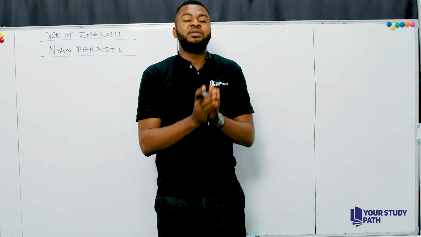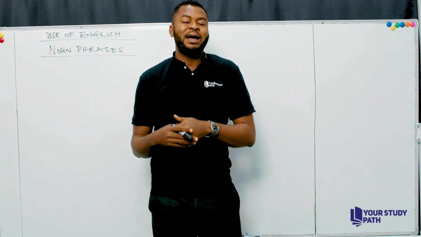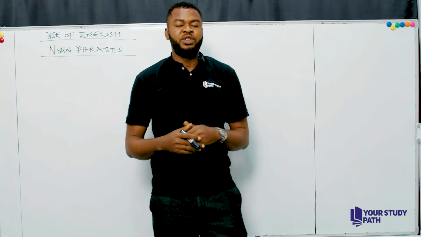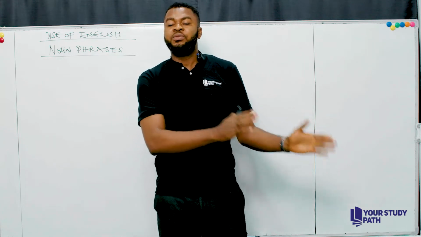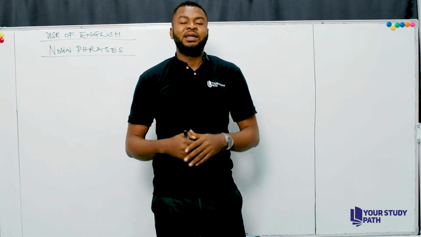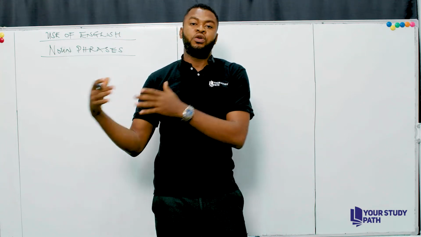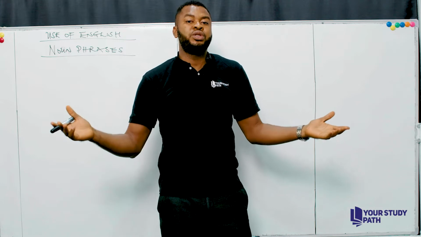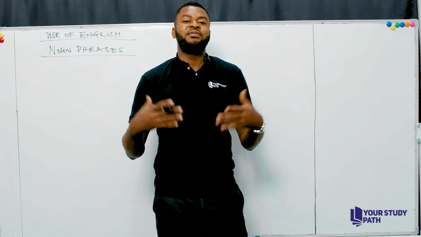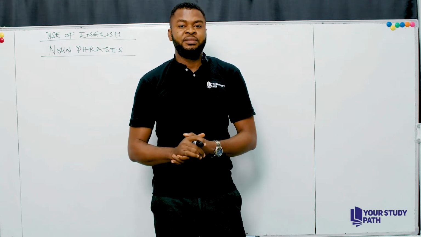That means a noun phrase functions the same way as a noun does, which means a noun can function as a subject of a verb. It can equally function as an object of a verb, as a subject complement, as an object complement, even as a prepositional complement. All right, so these are the functions of noun phrases.